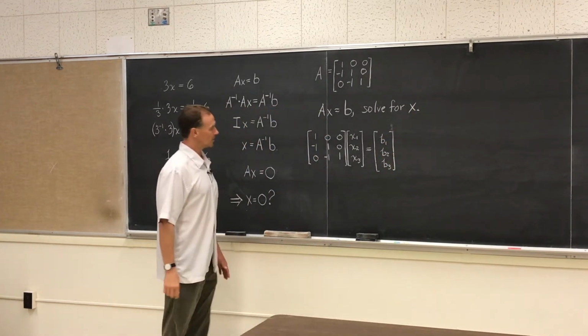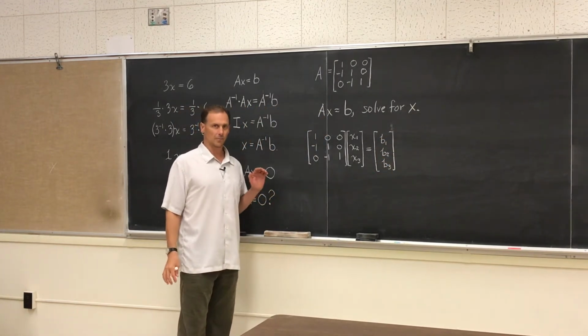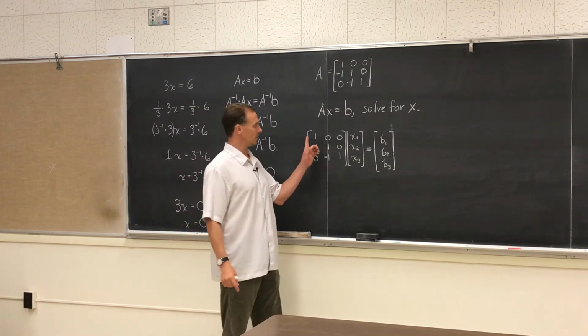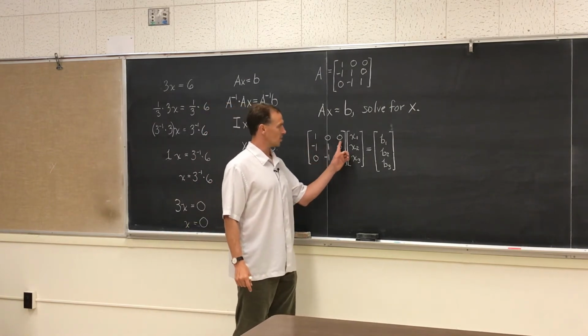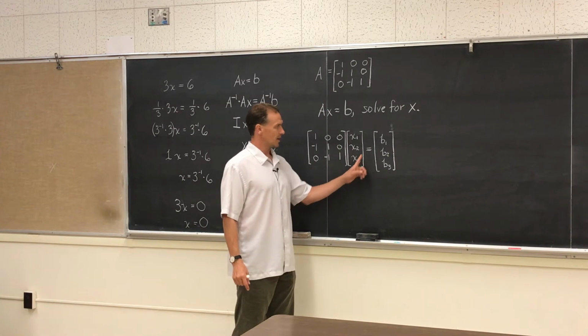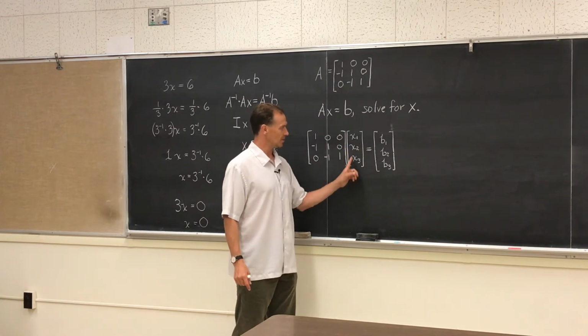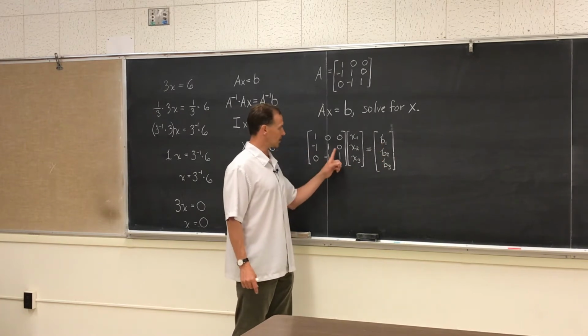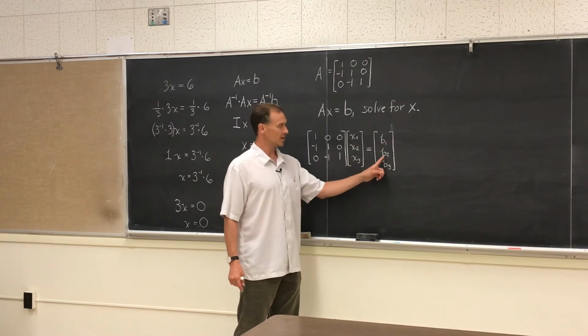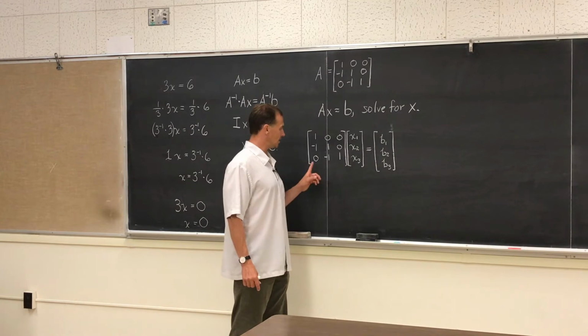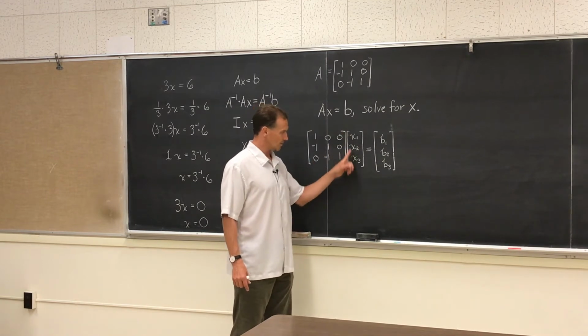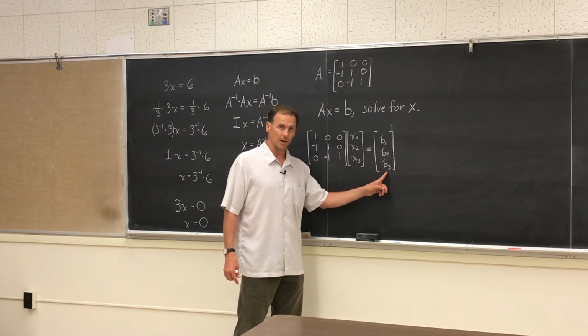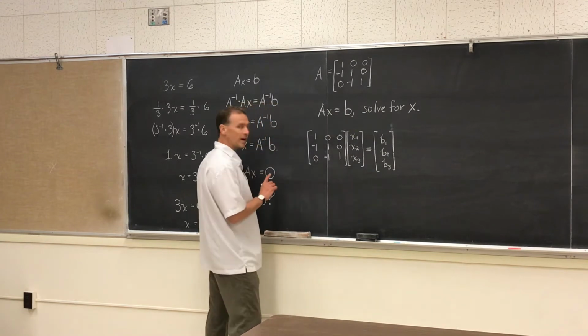Okay, so in our previous session, what we did is we said we can take the row dotted with the vector, and that would give me the first element in b. And the second row dotted with the vector would give me my second element of b. And the third row dotted with the vector x would give me my third element of b. So let's write these out.